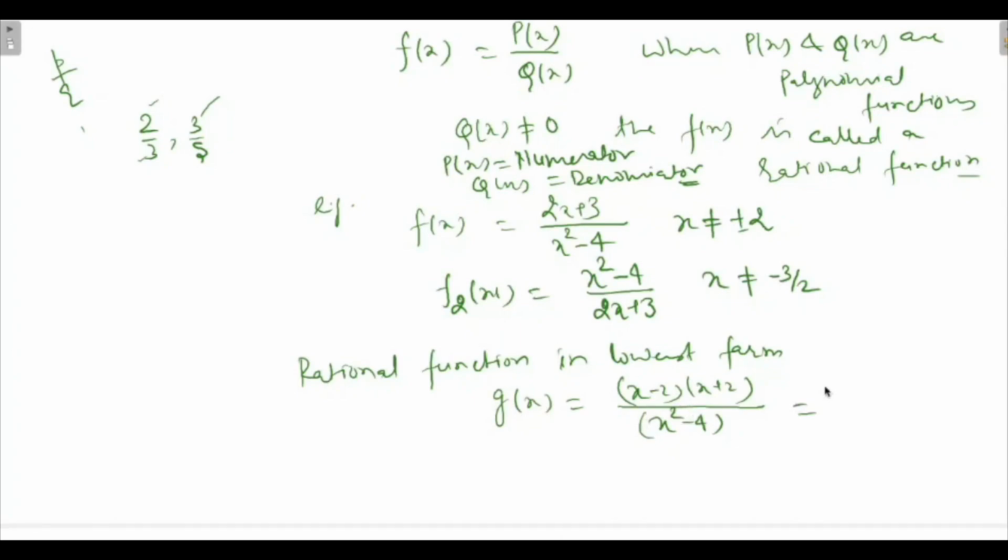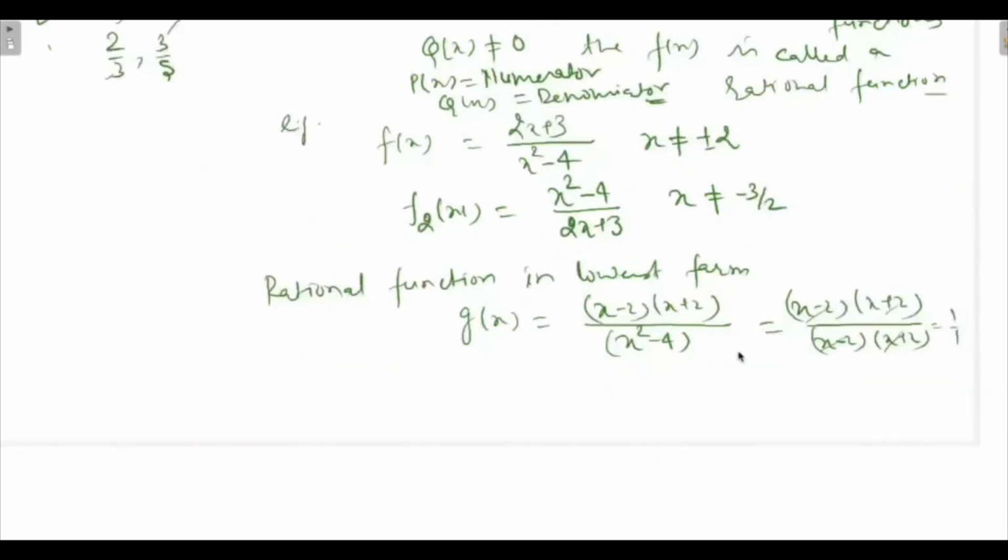So I write (x − 2)(x + 2) over (x − 2)(x + 2), and this will just cancel and become 1. This could also be termed a rational function wherein the constant term is there and all other terms are 0. So any polynomial function is also a rational function.